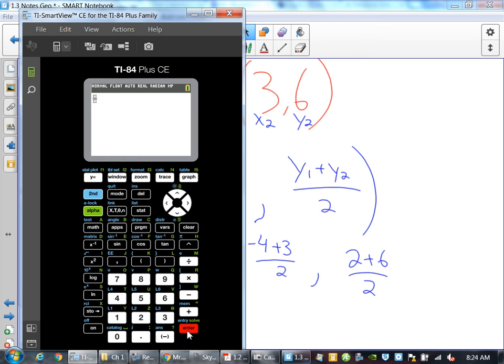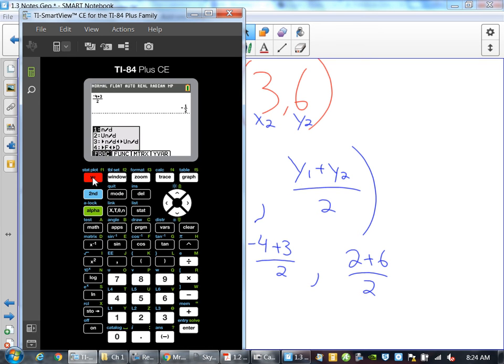In this case, I can literally put in this whole midpoint formula and get it right each time. -4 plus 3 over 2. Boom. Where's my x midpoint? -½. I do the same thing.